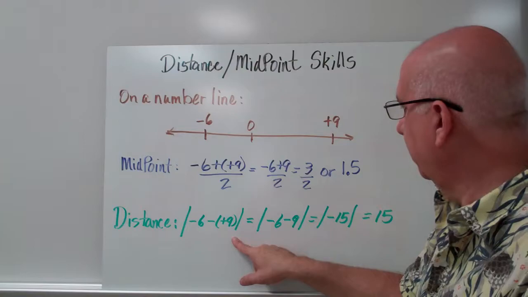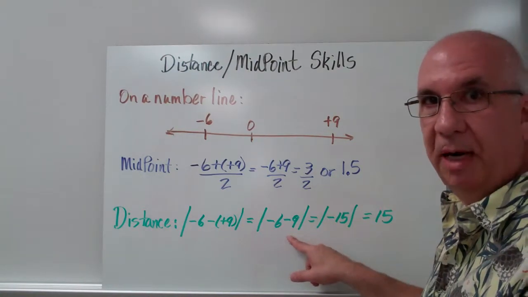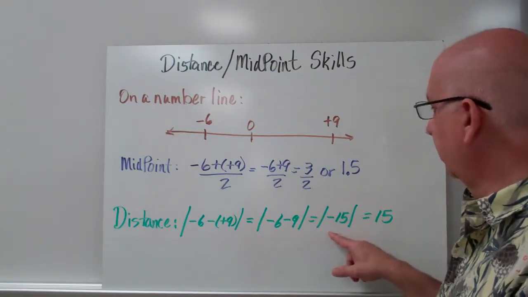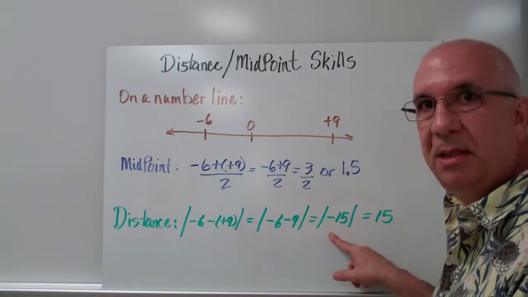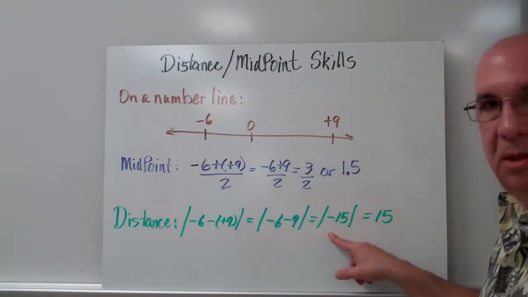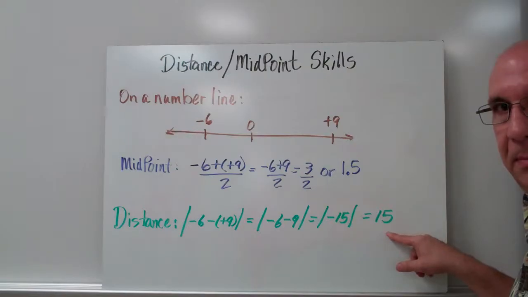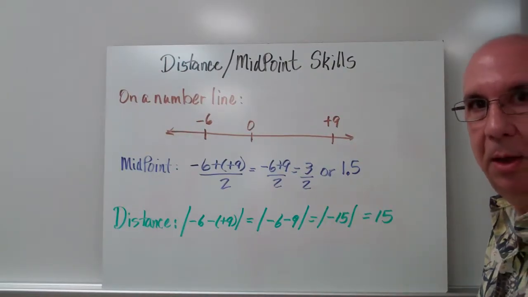Clean up the double signs, which gives me -6 minus 9. The absolute value is equal to the absolute value of -15. But since distance is never negative, we take the absolute value, and the absolute value of -15 is 15. This is how you find the distance between 2 points on a number line.